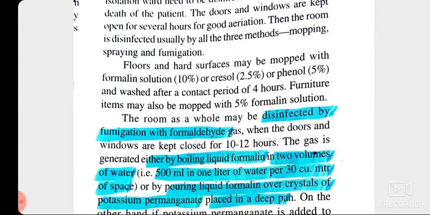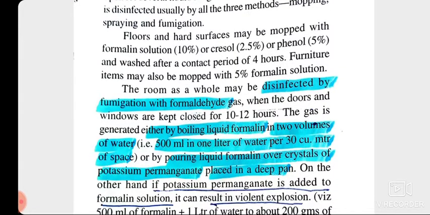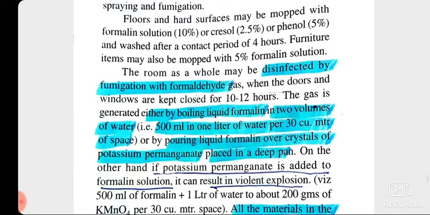2.5% cresol and 5% phenol can also be used to disinfect floors and hard surfaces, and the contact period should be 4 hours. Furniture items can also be mopped with 5% formalin solution. The room as a whole may be disinfected by fumigation with formaldehyde.